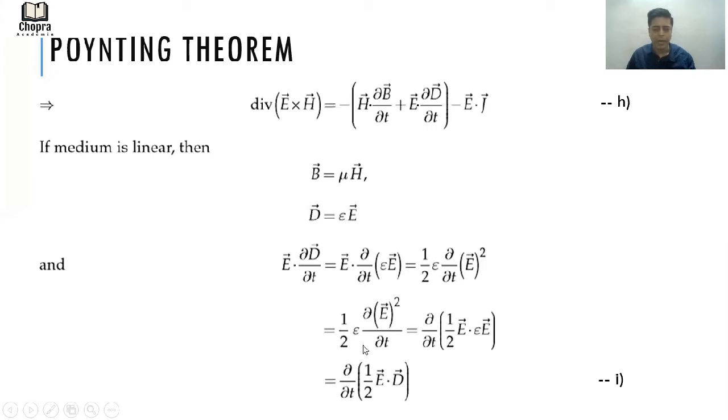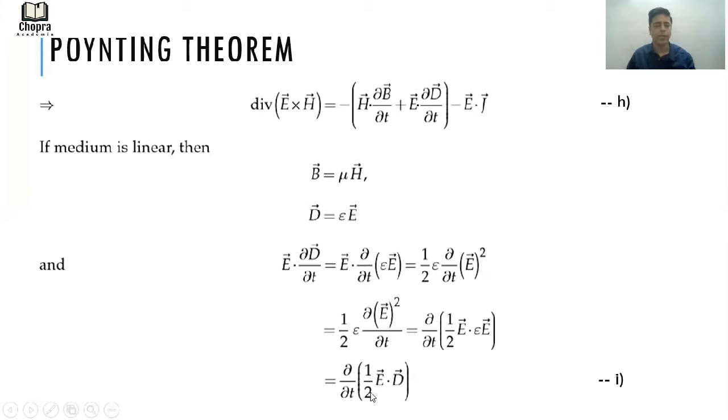So again, this is half epsilon dou E square by dou T, which again can be written by taking epsilon inside. I get dou by dou T of half E dot epsilon E. Now what is epsilon E?